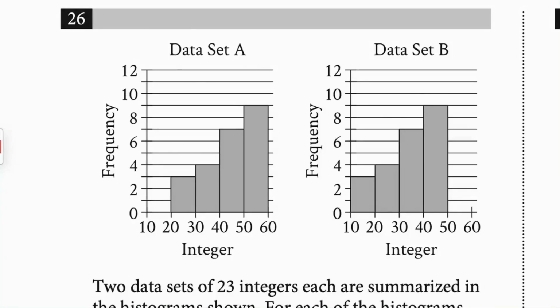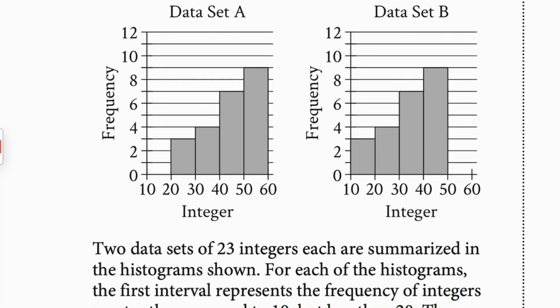Number 26 from statistics. Two data sets are given, data set A and data set B, with integers and frequency. If we just analyze the pattern, you can see 20 to 30 is 3, 30 to 40 is 4, 40 to 50 is 7, and that is 9.